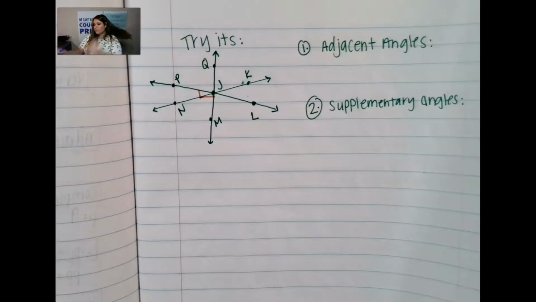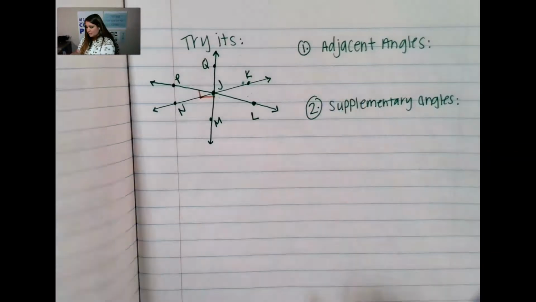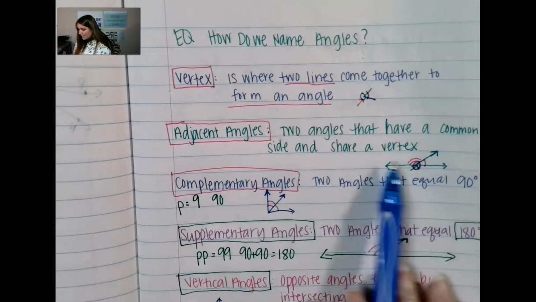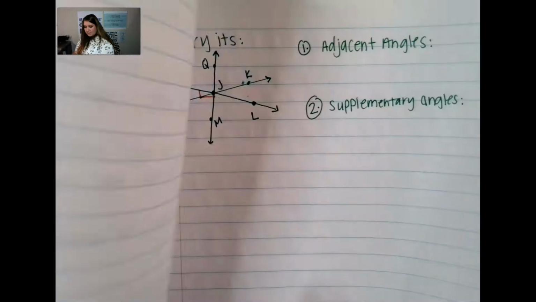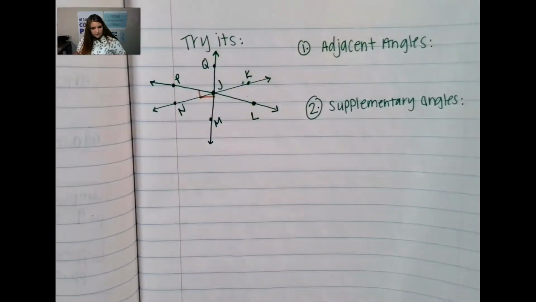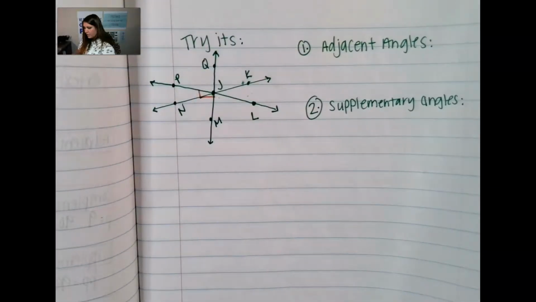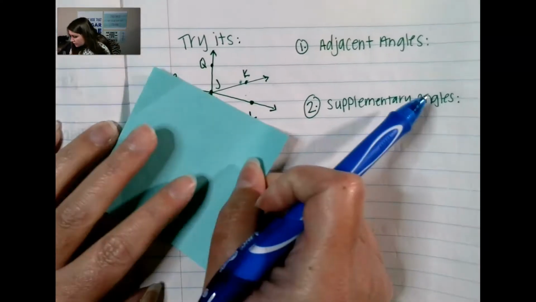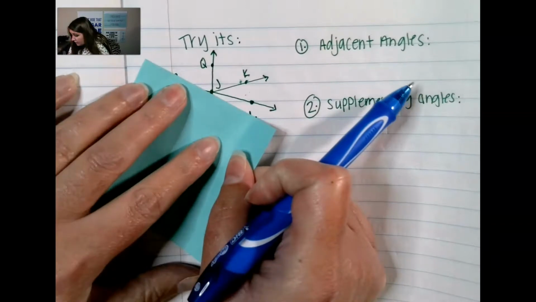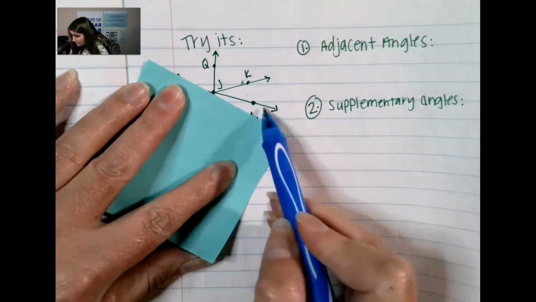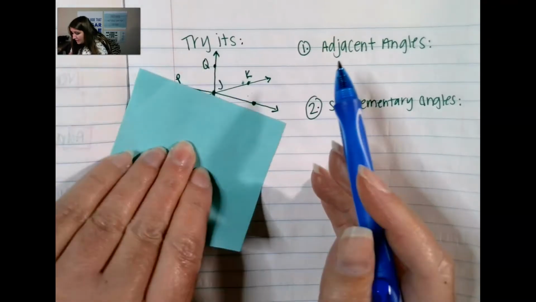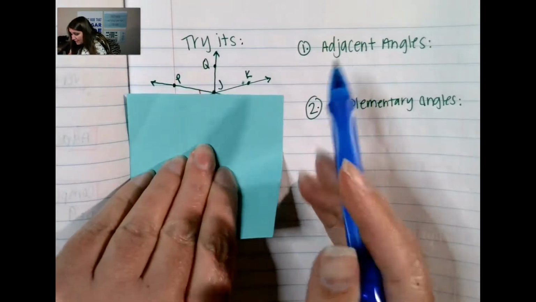Okay, here we go. Adjacent means 2 angles that have a common side and share a vertex. A common side and they share a vertex. Well, look at that. Here's one. They have a common side. They share a vertex. Here is another one right here.